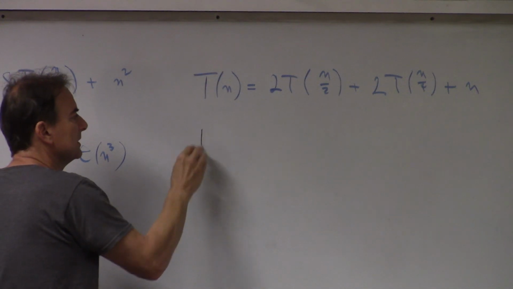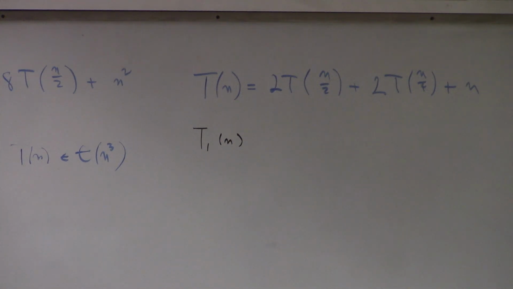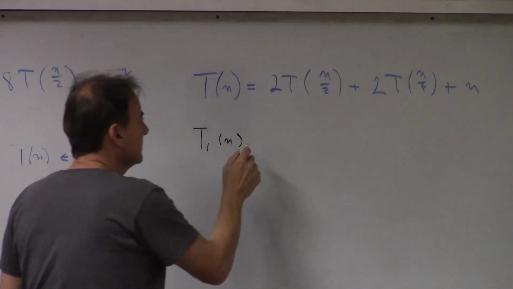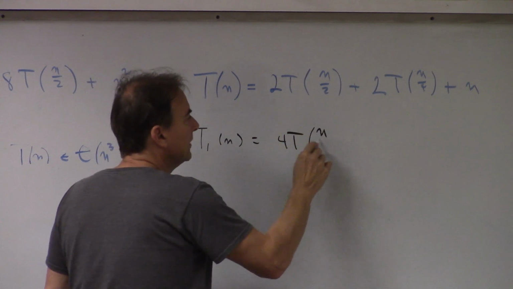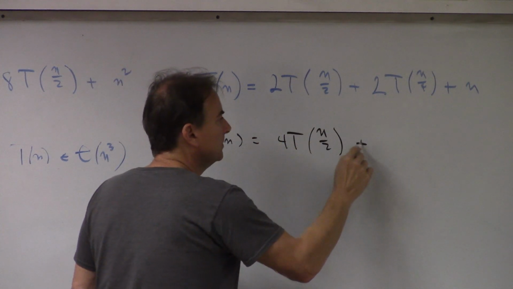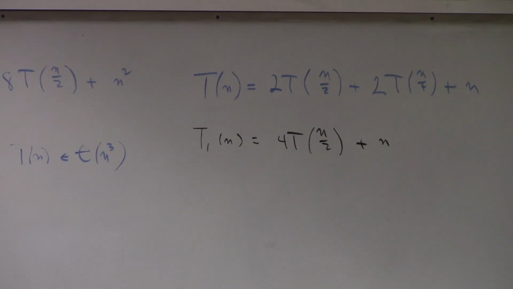Let's look at T1 of n. So this is a different complexity, and I'm going to rewrite it like this: T1 of n is equal to 4T of n over 2 plus n. Are these the same? They're not the same. But what can you say about T1 versus T?